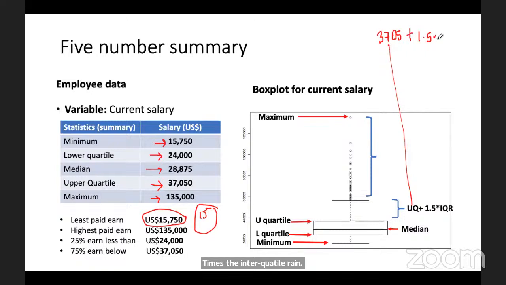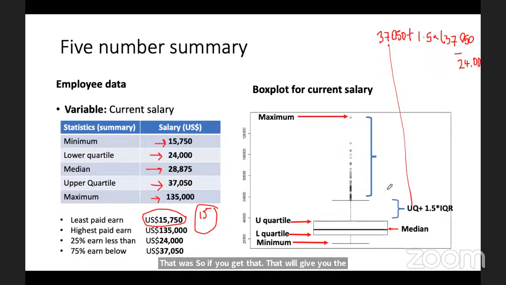Our interquartile range is going to be the difference between the upper quartile, which is 37,050, minus the lower quartile, which is 24,000. So if you get that, that will give you the upper boundary.